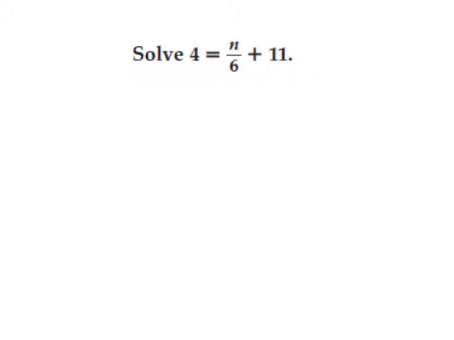All right, in this problem, we have a two-step equation. I'm going to bring it on out so we can work with it. So 4 is equal to n divided by 6 plus 11. All right, remember I've used backwards PEMDAS. So what I really like to do is not work on the division problem, but work on the addition by subtracting, which is the opposite.